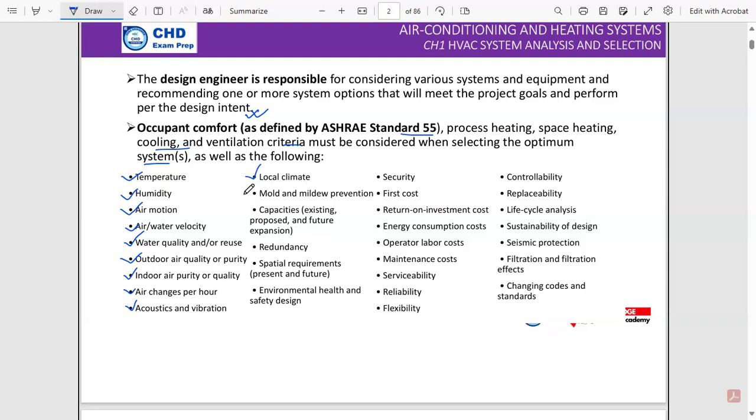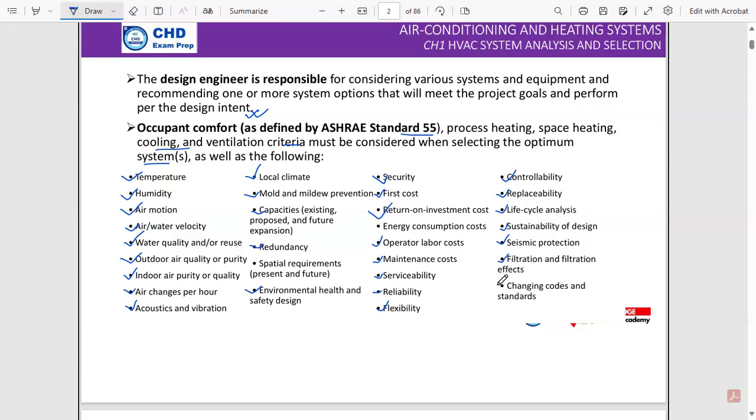Mold and media prevention, we will have a focus on these. Capacities, redundancy, obviously safety equipment requirement, environmental health and safety design, security, initial cost, return on investment, operation and labor cost, maintenance cost, reliability, flexibility, serviceability, controllability, replaceability, life cycle analysis, sustainability of design, seismic protection, filtration, especially for critical projects like hospitals, pharmaceuticals, food factories.